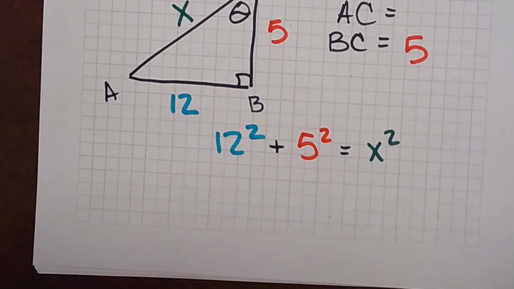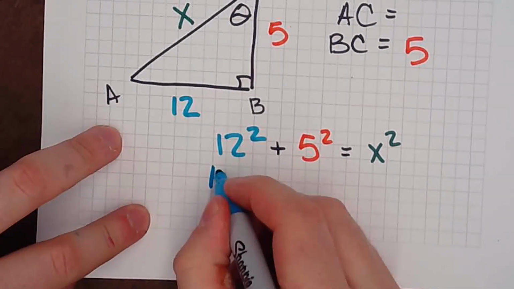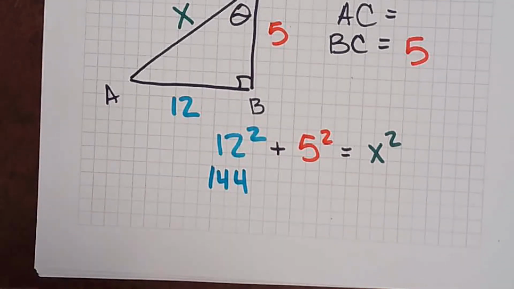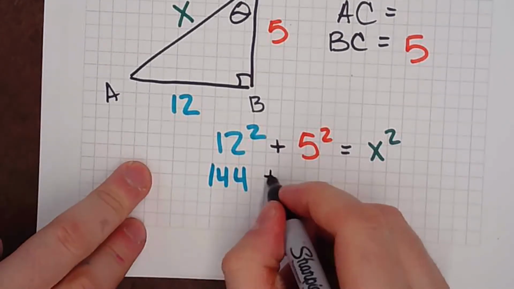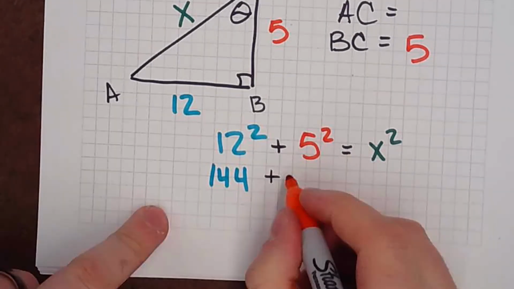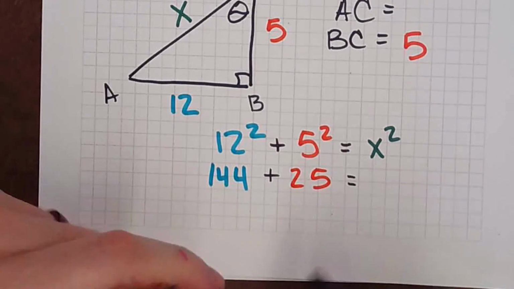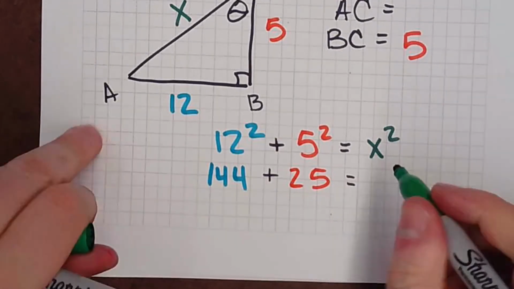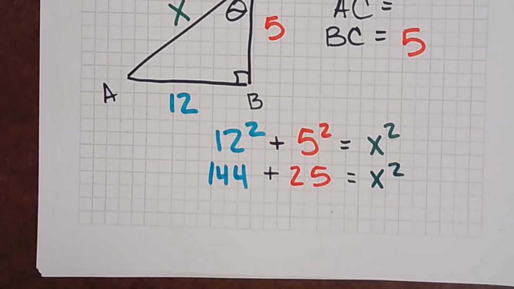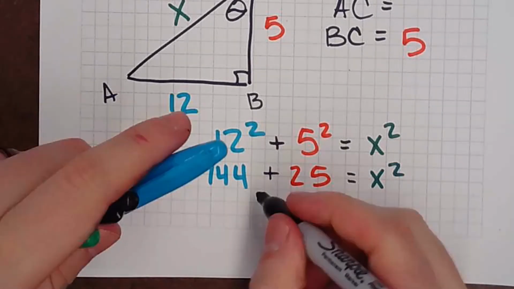What's 12 squared? 144. And 5 squared is 25. And that's going to equal whatever x squared is. What does 144 add up to with 25? 169. Nice.